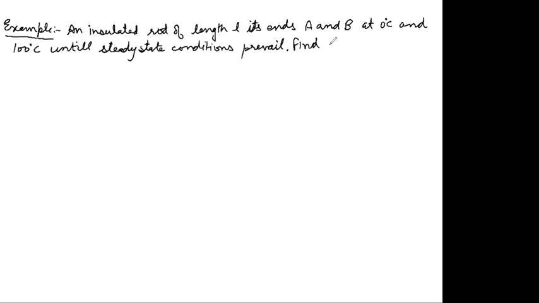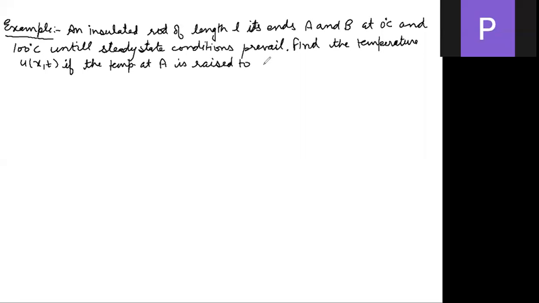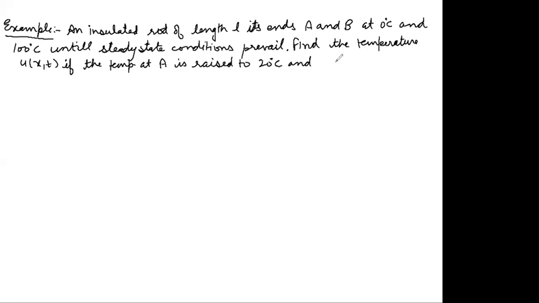Today's question is: find the temperature u(x,t) if the temperature at A is raised to 20 degree and at B is reduced to 80 degrees Celsius.